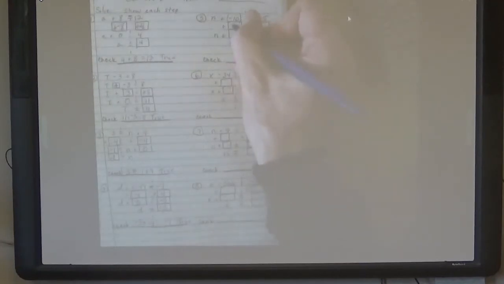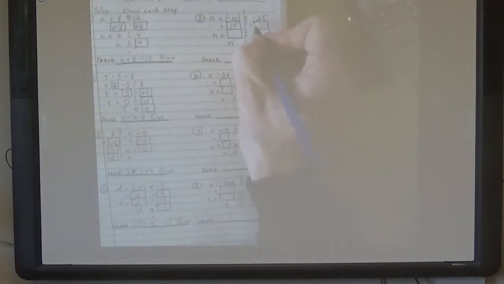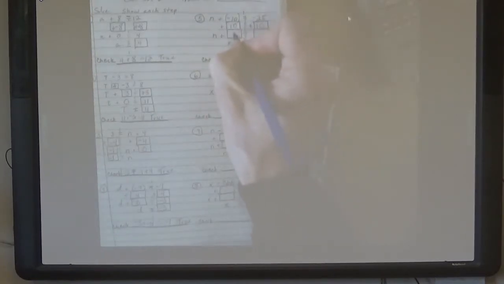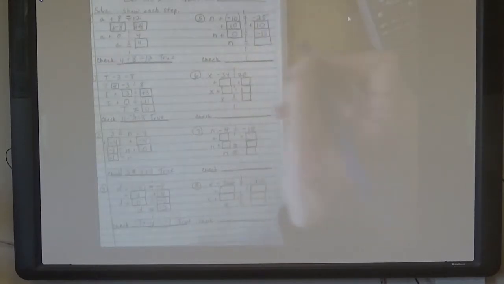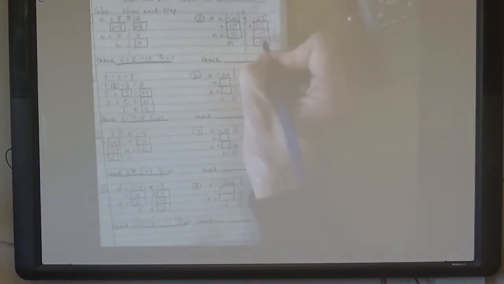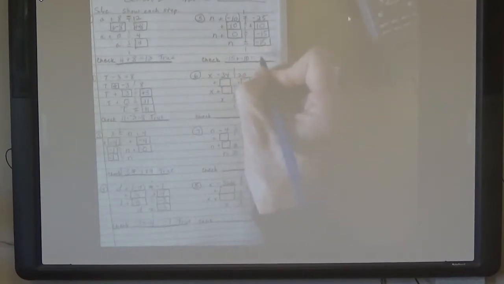That's true. Number 5. n plus negative 10 is negative 25. Add 10 to both sides. n plus 0 equals negative 15. So n is negative 15. And negative 15 plus negative 10 is equal to negative 25.